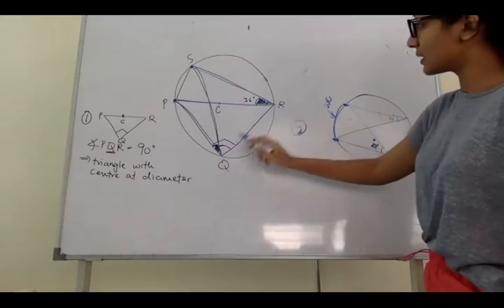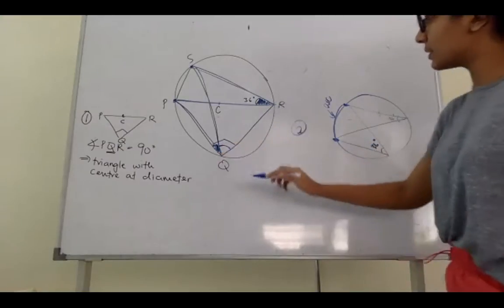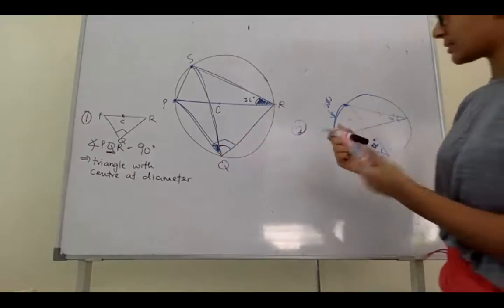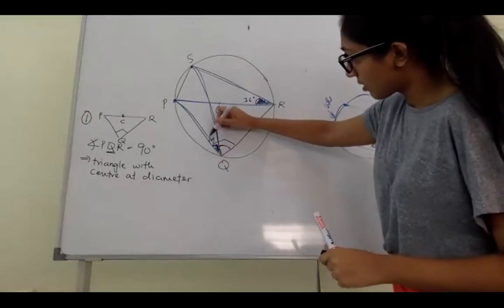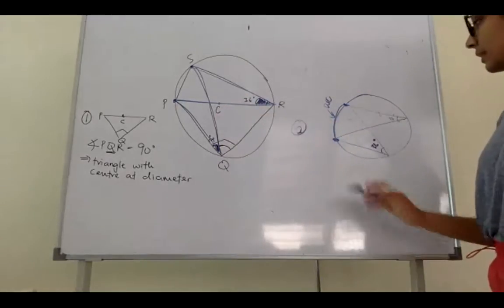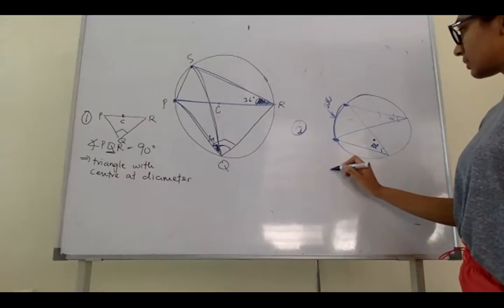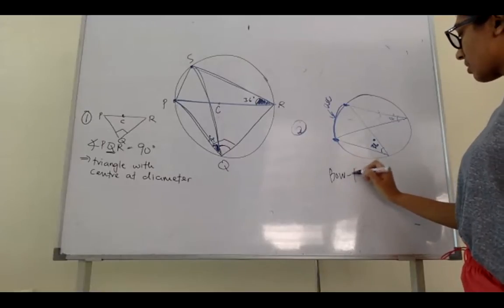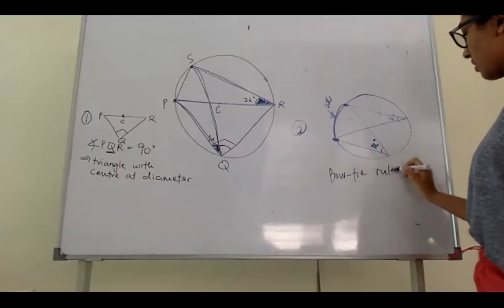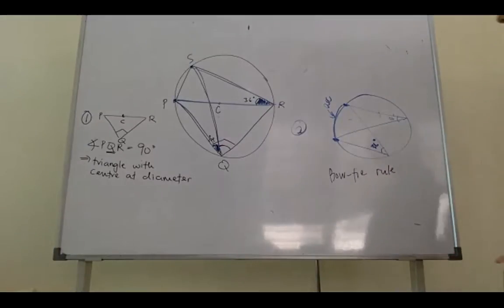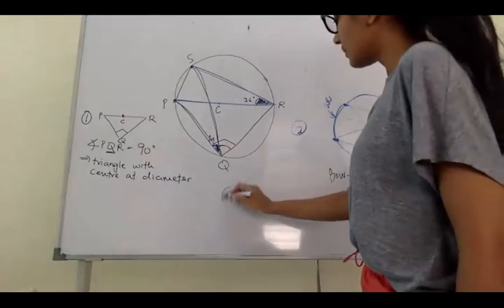The small thing here is 36. Okay, this is the bow tie rule. That's number 2. And then number 3, I just did.